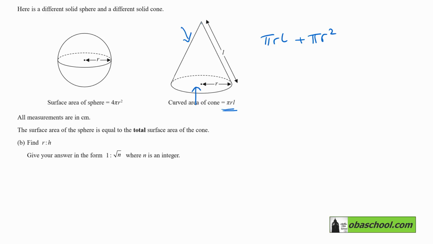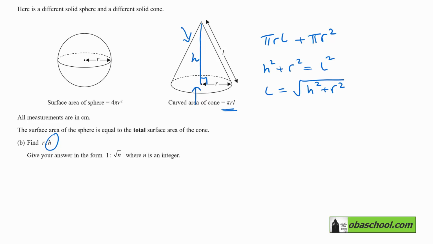Now we need to introduce h here, which is the height, because we need it here. And we know by Pythagoras' theorem, since this is a right-angled triangle, that h squared plus r squared is equal to l squared, and therefore l would be the square root of h squared plus r squared.